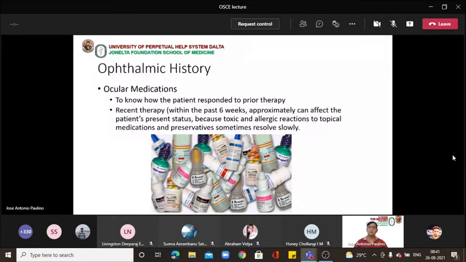Unlike other medication which only affects 3 to 5 days, ocular medications may persist. It may also be the cause for toxicities and allergies in the ocular adnexa, the cornea, and the conjunctiva. Also, you have to ask what kind of medication or brand, because other formulations may have different concentrations.